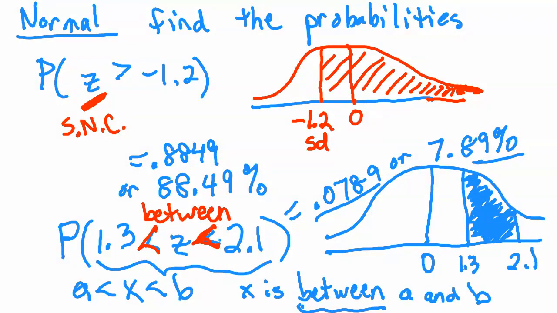All right, let's try another one. I just automatically draw a picture. This one would be P, probability Z is less than 1.75.